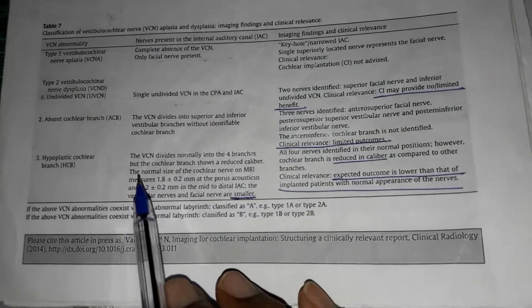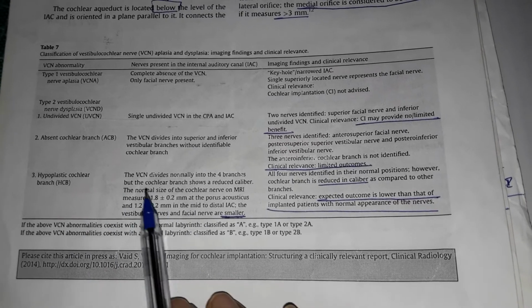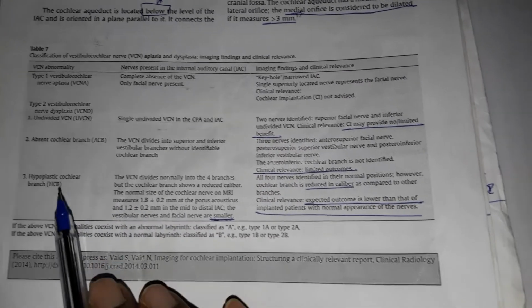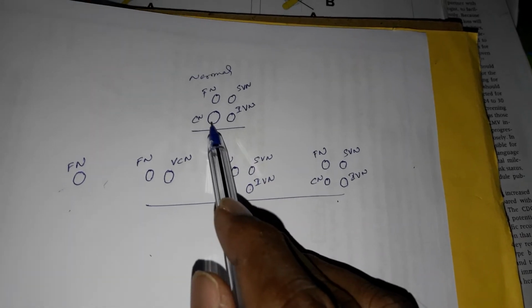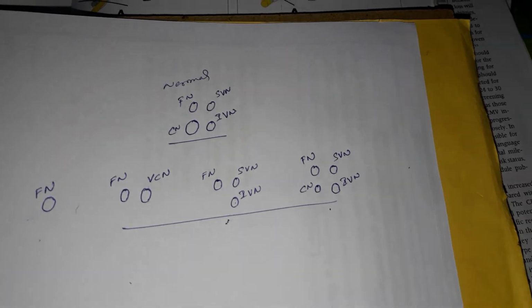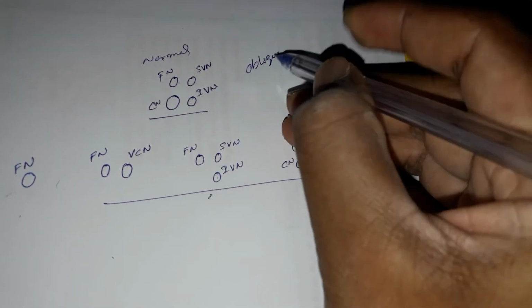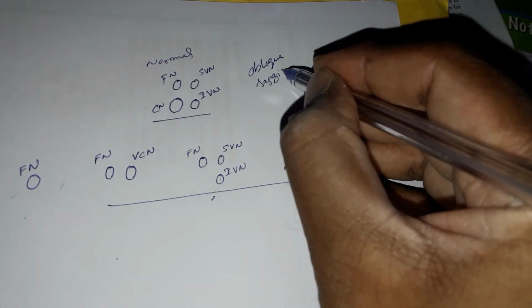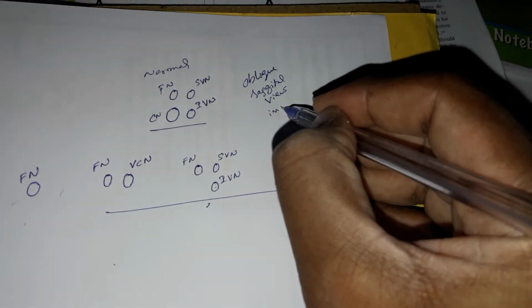So here, hypoplastic cochlear branch. Normally the cochlear nerve is larger than all the 3 nerves. This view is an oblique sagittal view in MRI.